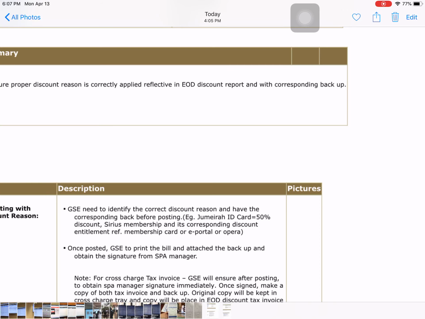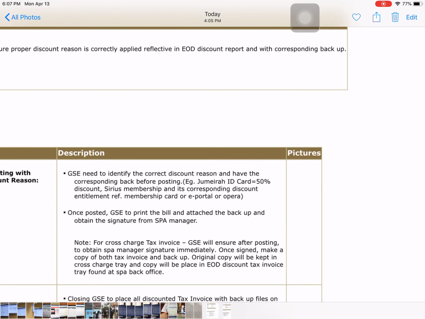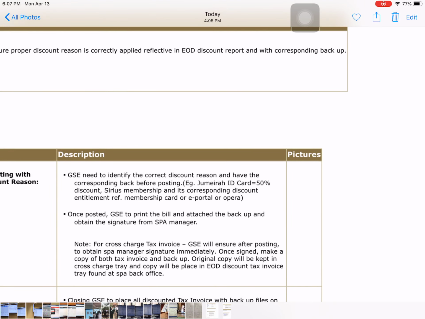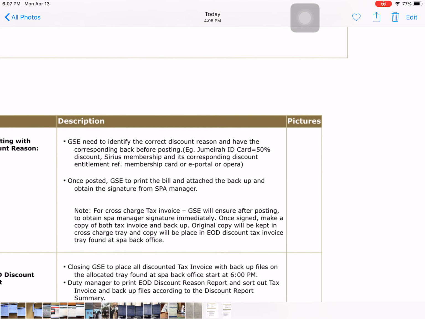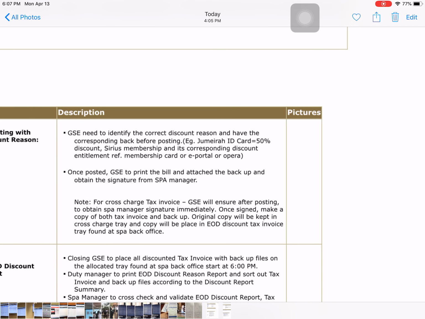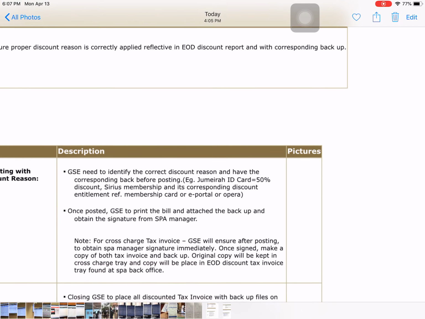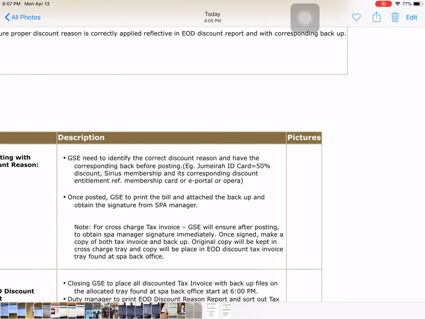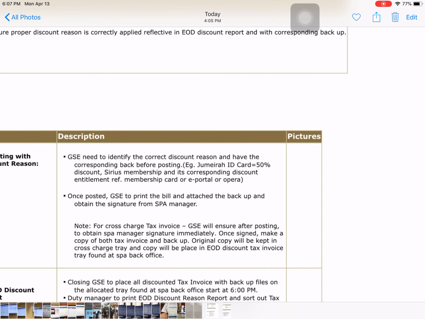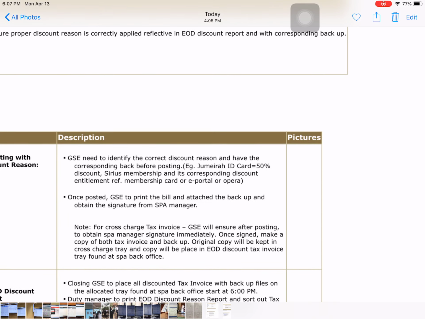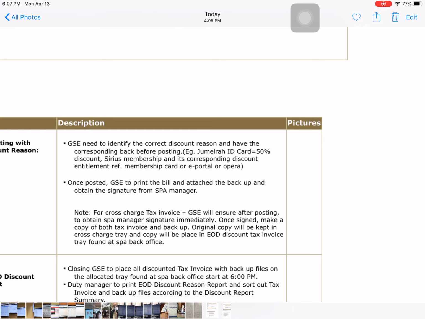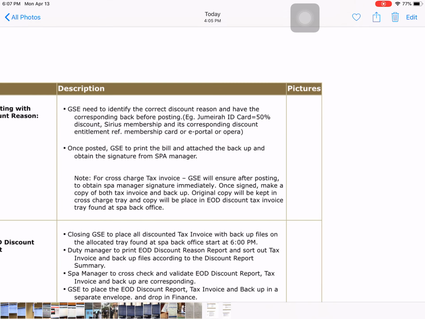All right. So once posted, GSE to print the bill, attach the backup and obtain the signature from the spa manager. I have a note here. Per cross charge tax invoice, GSE will ensure after posting to obtain the spa manager's signature immediately.